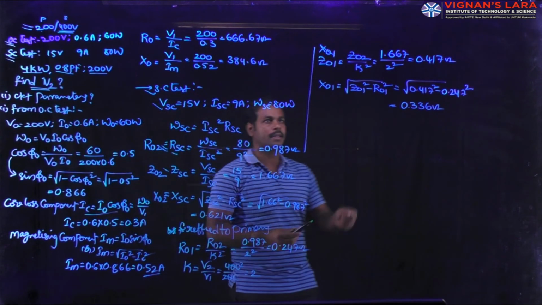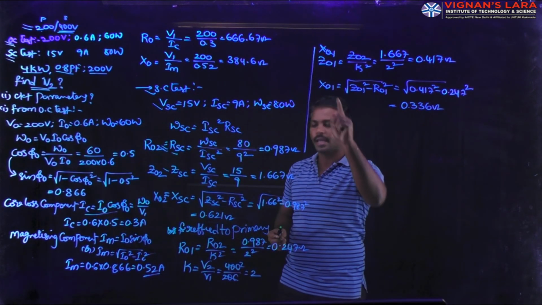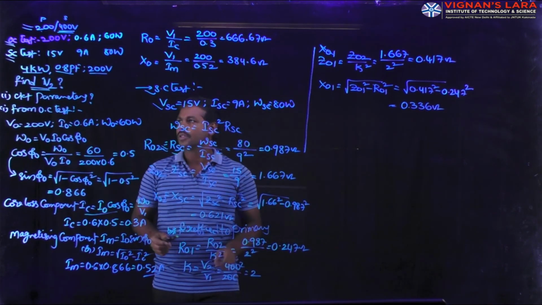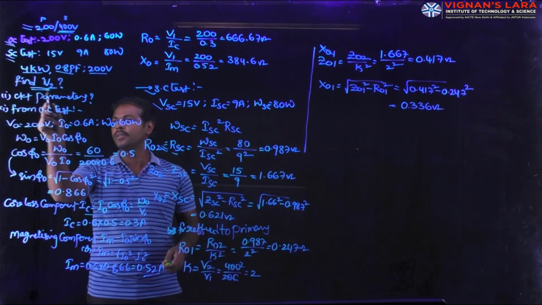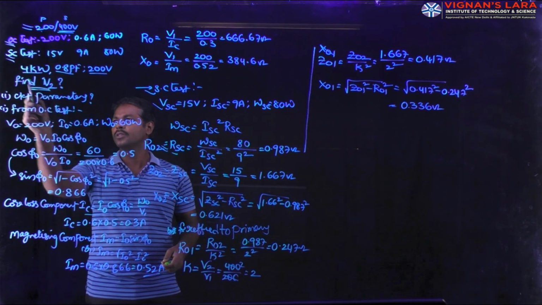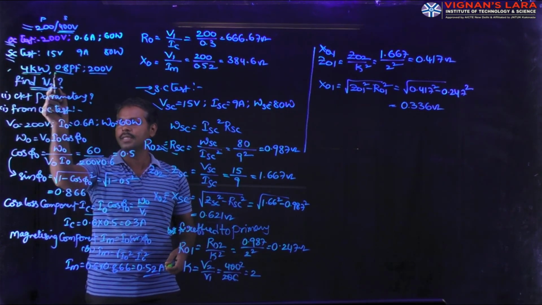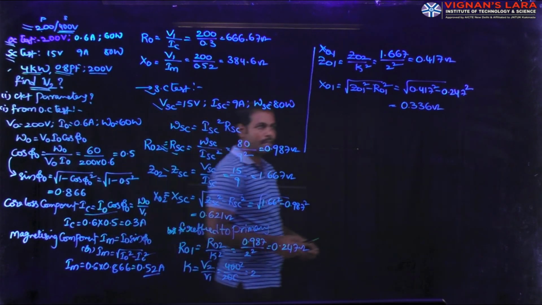So when we have Z01, X01 and R01, we can find out the secondary voltage. The load being supplied is 4 kilowatts at 0.8 power factor.